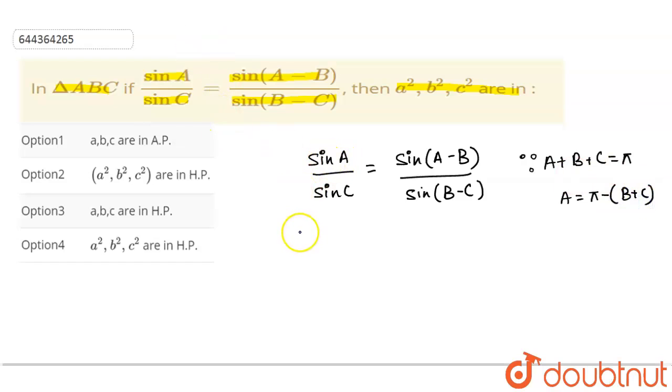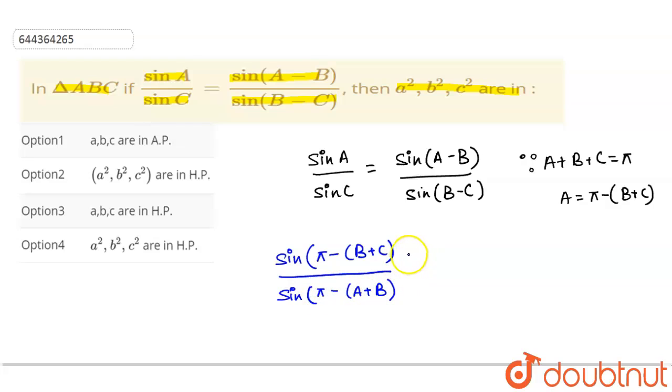So what does this become? This becomes sin(pi minus (B plus C)). And what does C become? Sorry, C becomes pi minus (A plus B). So this would become sin(pi minus (A plus B)). Correct? And this remains the same, sin(A minus B) upon sin(B minus C).